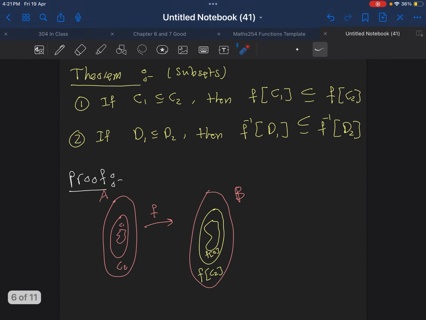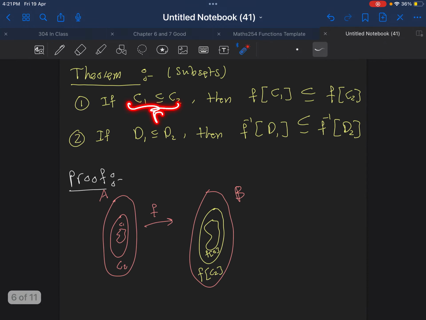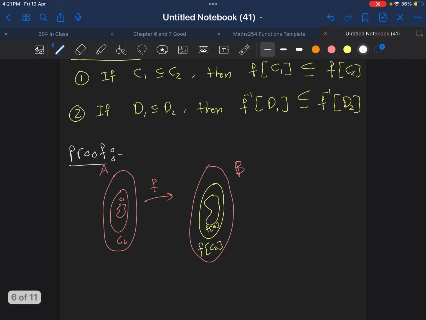Here we have a statement P, then we get another statement Q, and we can use any method of proof to prove P implies Q. In this example, we will use the direct proof method.